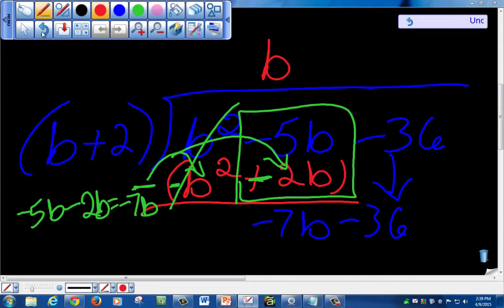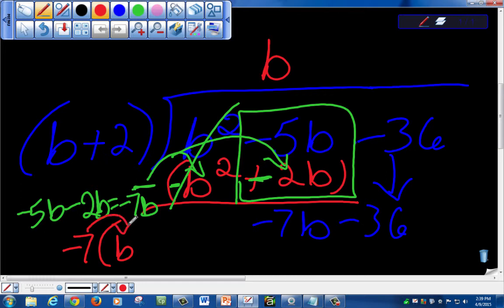So what we have to do is find a number that is able to become negative 7b. In this portion, we could rationalize right away that negative 7 distributed onto the b is going to make it become negative 7b.